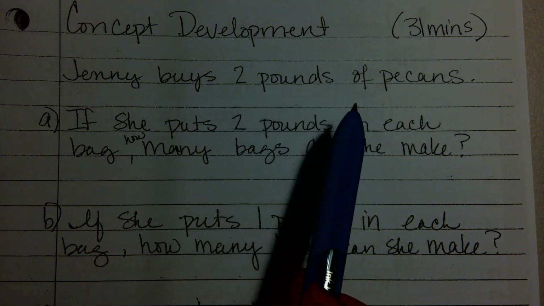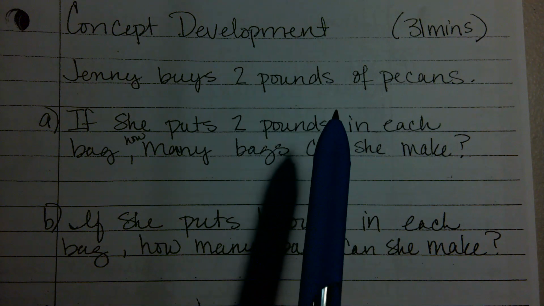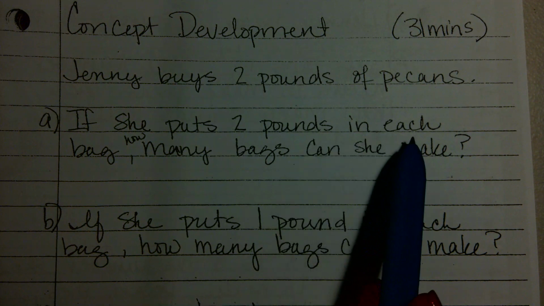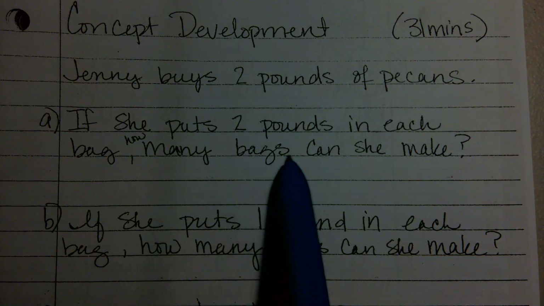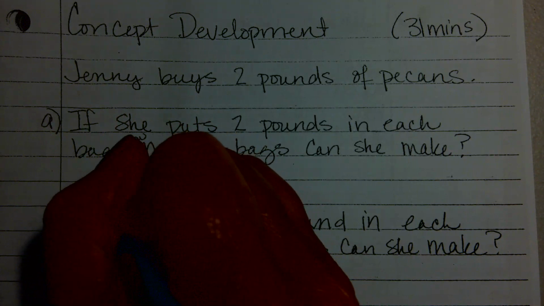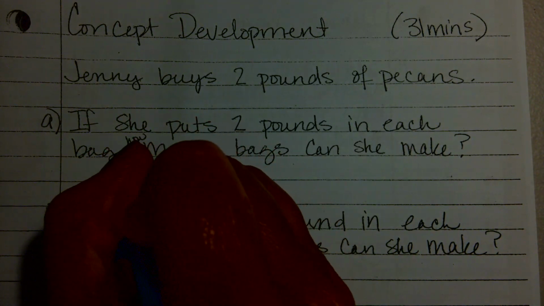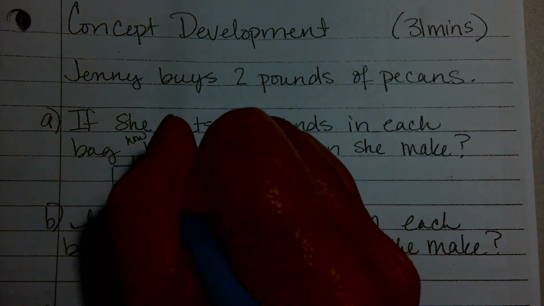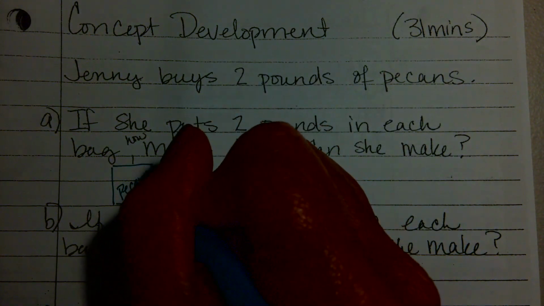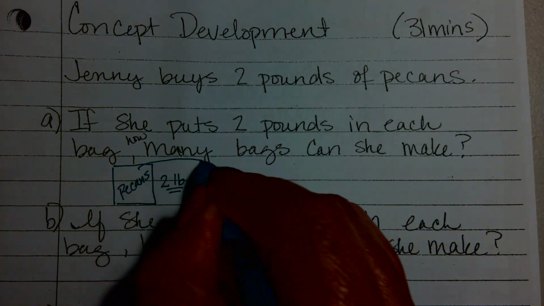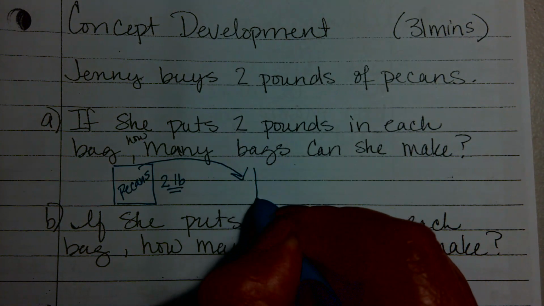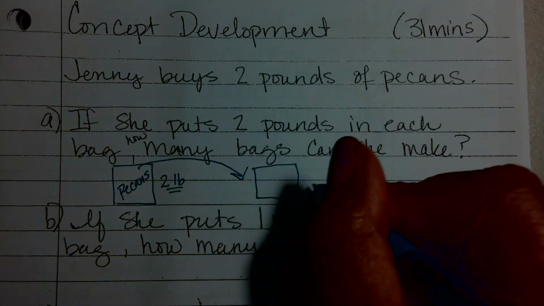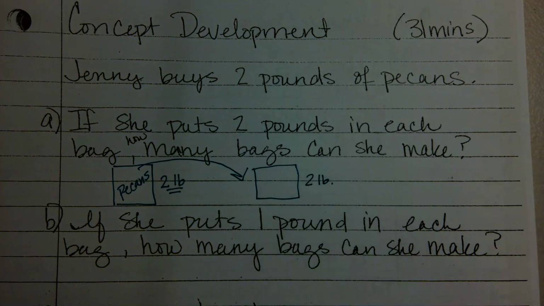Jenny buys 2 pounds of pecans. If she puts 2 pounds in each bag, how many bags can she make? So if she buys a bag of pecans, and it's a 2-pound bag, and she wants to put it in a container or another bag that equals 2 pounds, how many bags can she fill?